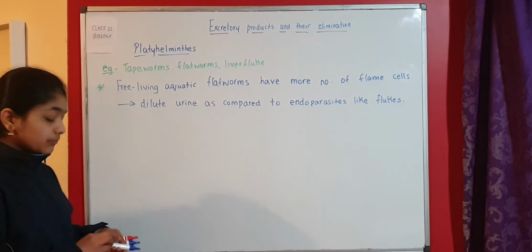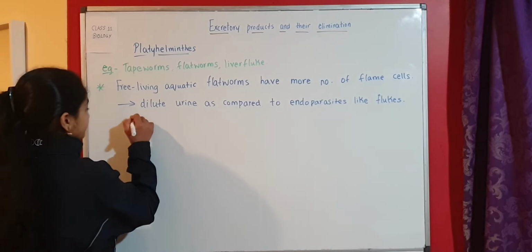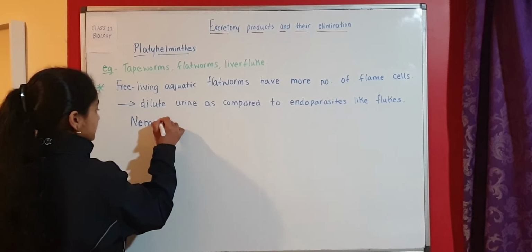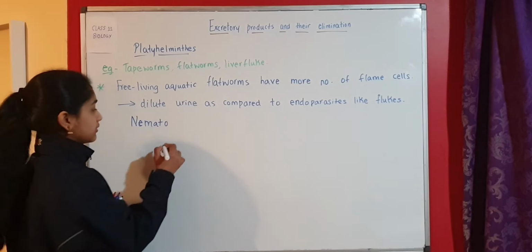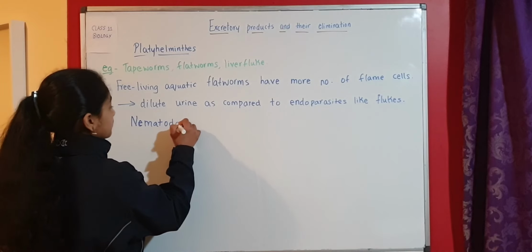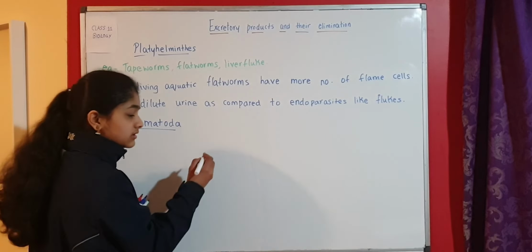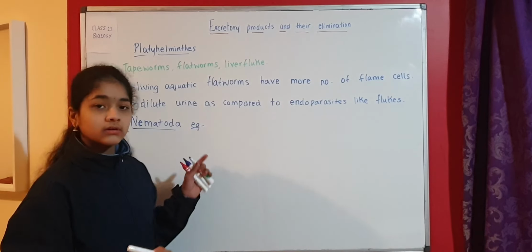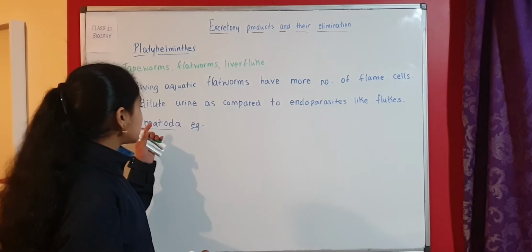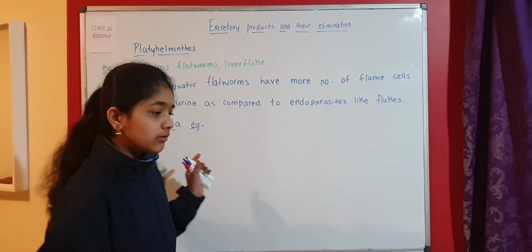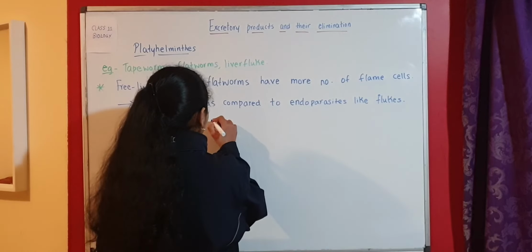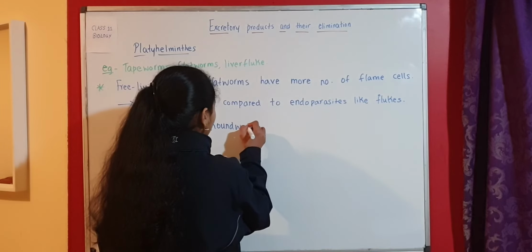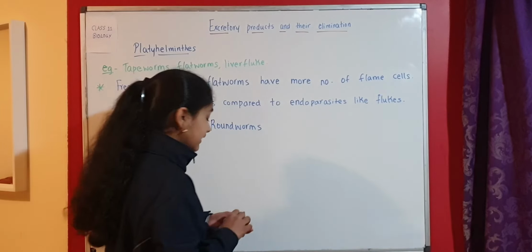Now let us come to Nematoda. The organisms are called nematodes. Some examples of these nematodes: the organisms which come under this phylum Nematoda are roundworms.